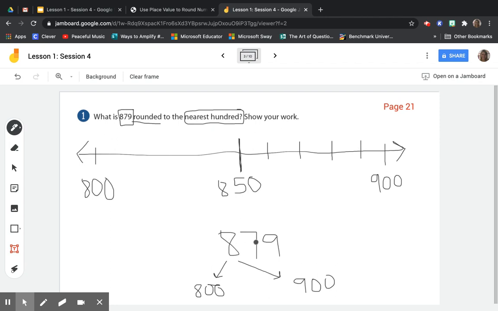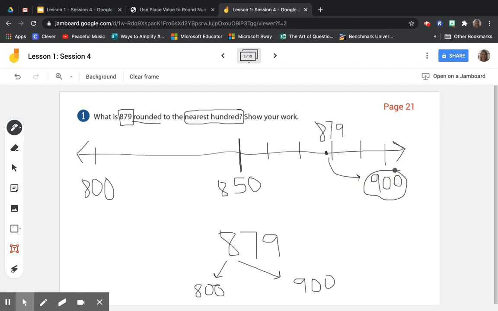So I know that 879 is going to be right before 880. So my number 879 is way closer to 900. So I would round up.